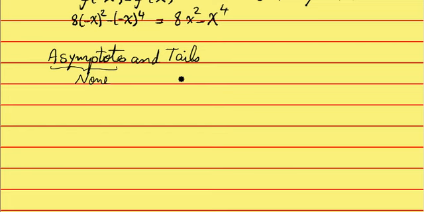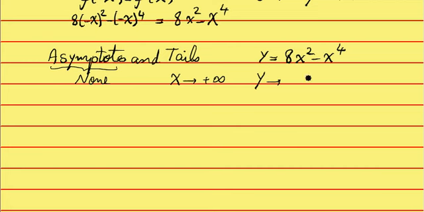For the tails, we still study when x goes to plus infinity, what happens to y? Let me write the function here again: 8x squared minus x to the power of 4. When x goes to infinity, this function is dominated by its largest power, x to the power of 4.